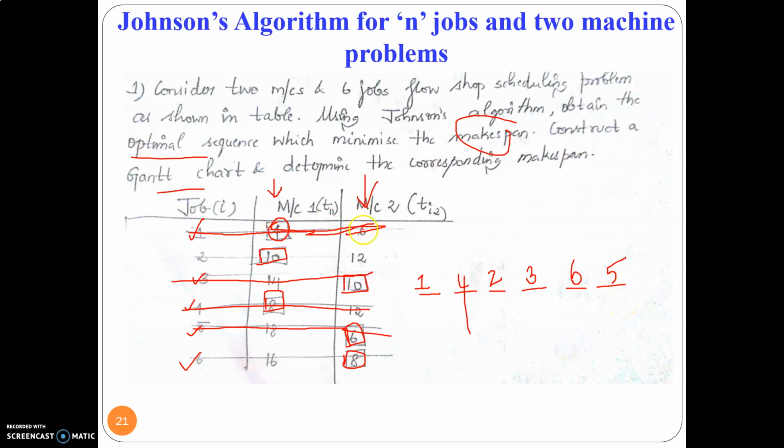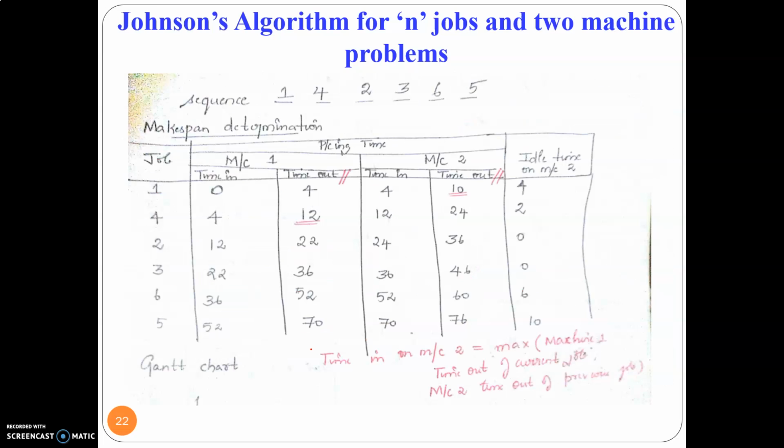Check where the minimum processing time is, whether it's in mission 1 or mission 2. If it's in mission 1, allocate to the start of the sequence. If it's in mission 2, allocate to the end of the sequence. After that, strike out the particular job and repeat the process till there are no more jobs to be scheduled. So this is the sequence.